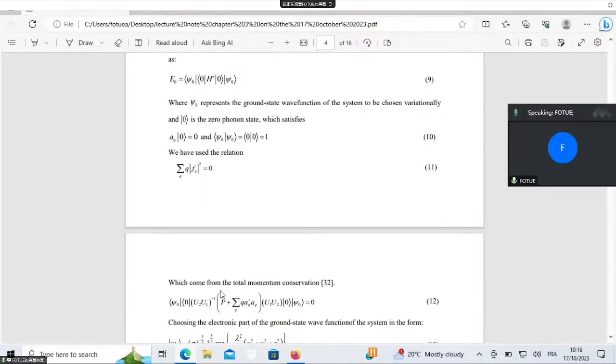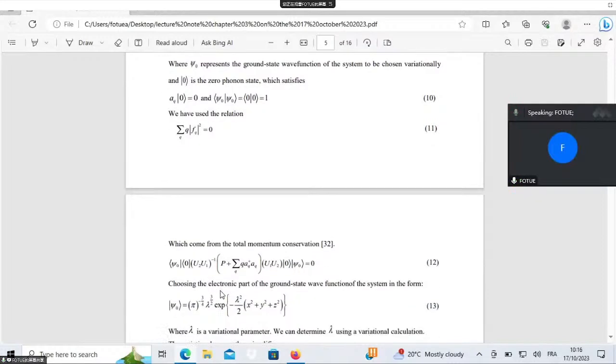If we take this into consideration and also apply the conservation of the total momentum, this conservation says that if we apply the first and the second transformation on the total momentum, this will give 0. We should see, for example, that this total momentum is expressed as the momentum of the electron and the momentum of the acoustic phonon.